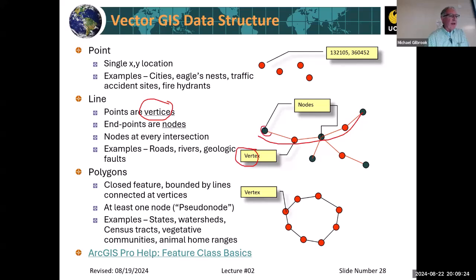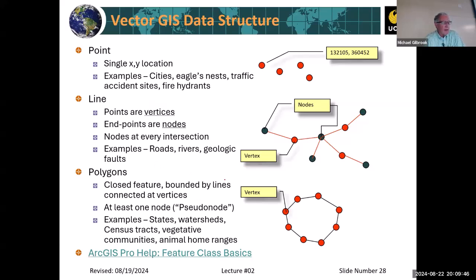The ones at the very end are referred to as nodes. You also refer to the ones at intersections as nodes. So you can see in this one, we have this line, and this line, and this line all converge at this point. So we call that vertex a node. These are just the terminology that we use.